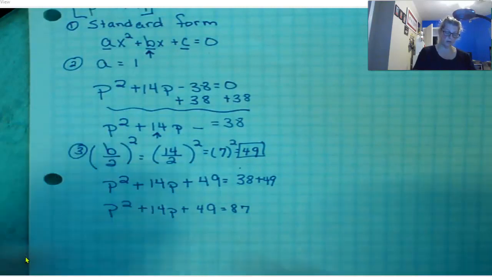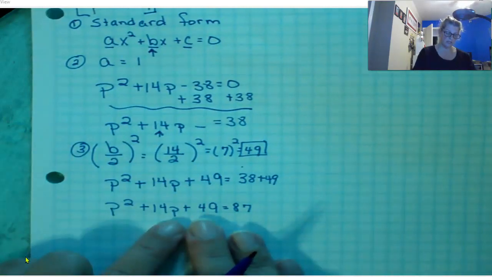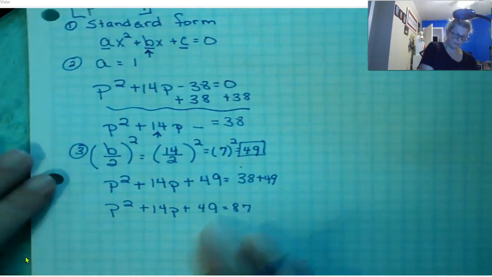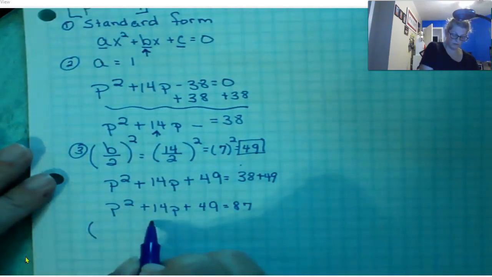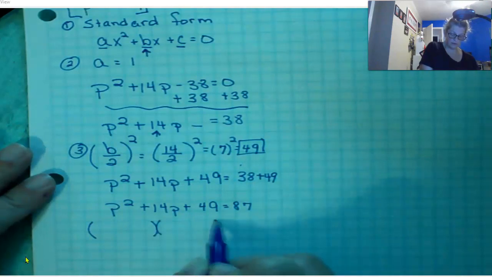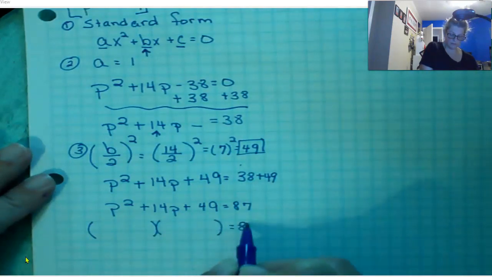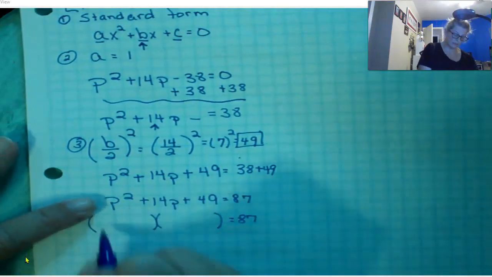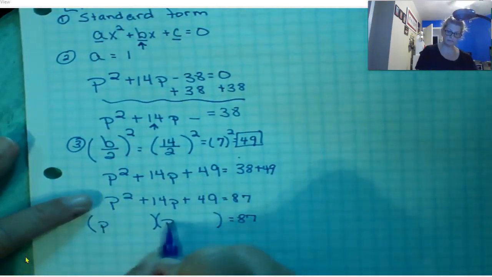Now what we've done is made this easier to factor. So we're going to factor it into two binomials. p squared factored out is p times p.